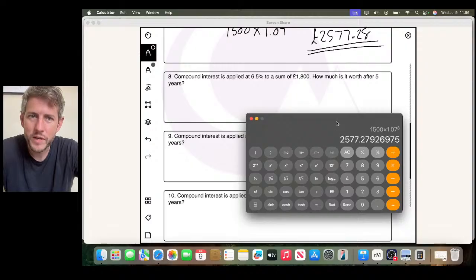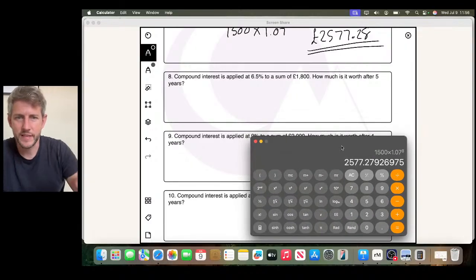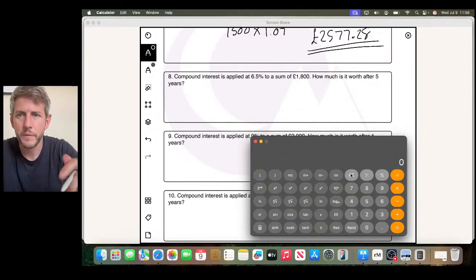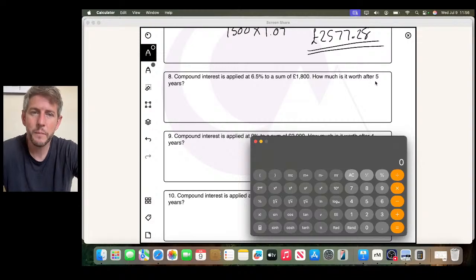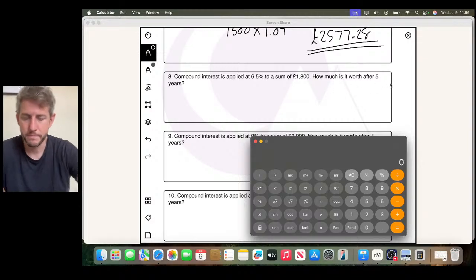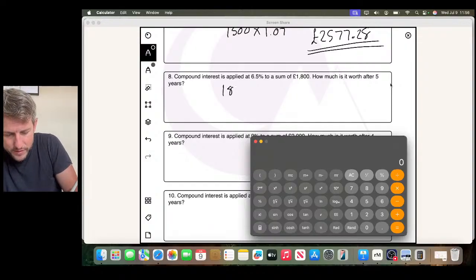Okay, right, question 8. I'll just leave this here now. Let's clear that. Compound interest is applied at 6.5% to a sum of £1,800. How much is it worth after 5 years? Okay, so let's answer this one. We've got 1,800 times 1.065 to the power of 5.